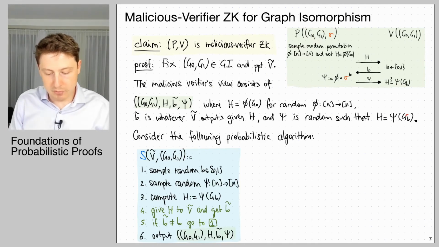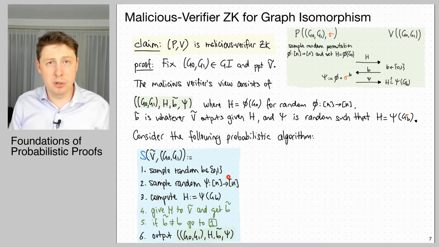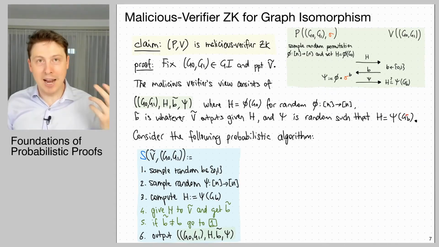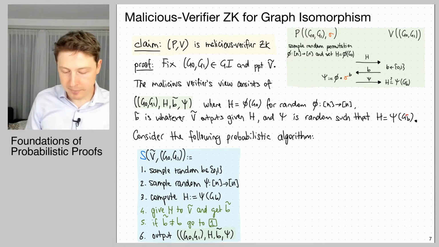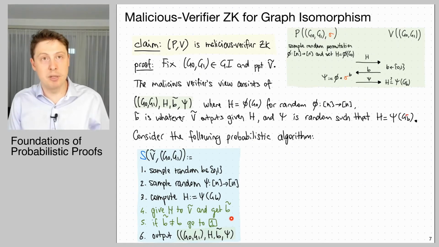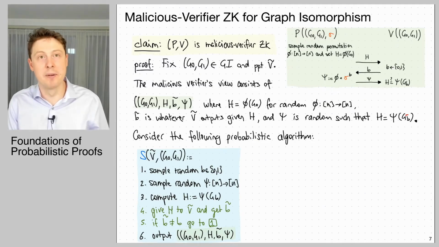It's almost the same, really. Let's sample a random bit B, ignoring the verifier first, then sample psi like before, and compute H based on psi and GB. Then I haven't really asked the verifier what he would have done anyway, so let me ask him, and he's going to tell me some bit B tilde, and if I was wrong in guessing, I'll just go back and try again.